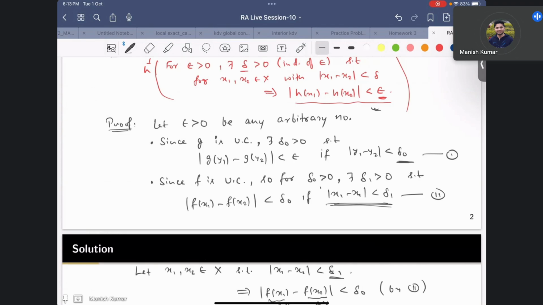Now for this epsilon I'll get a delta 0 since g is uniformly continuous. Now this delta 0 is a positive number. So for that delta 0, this will act as an epsilon for this f. So for this epsilon, which is equal to delta 0, there exists a delta 1 such that this thing happens.